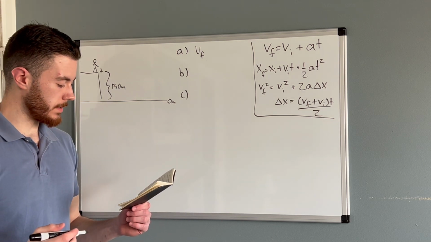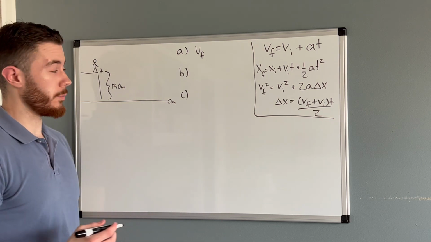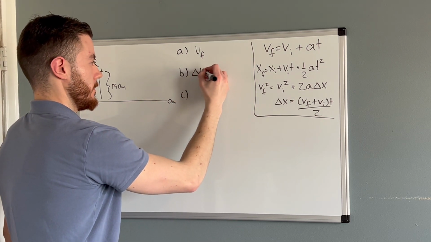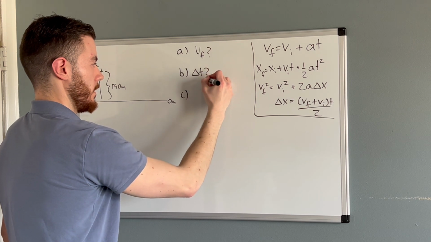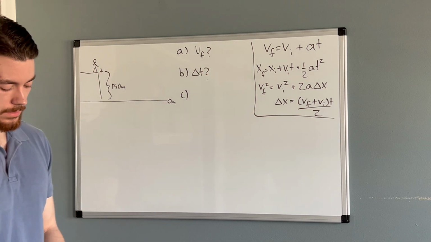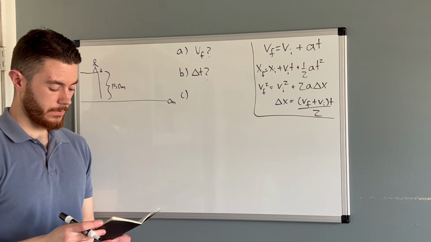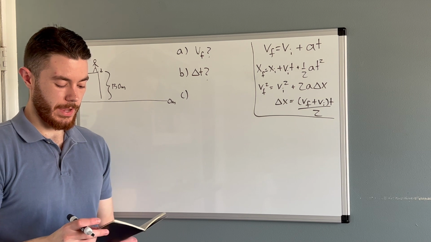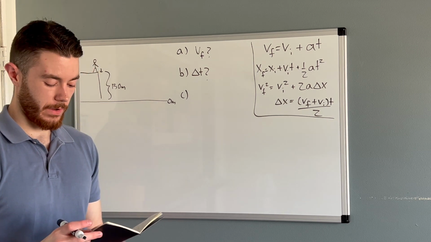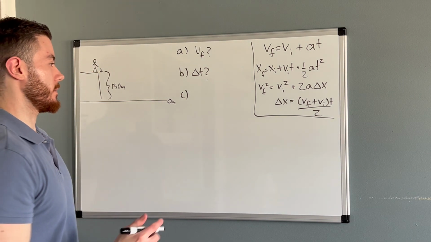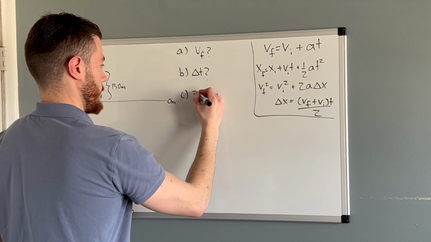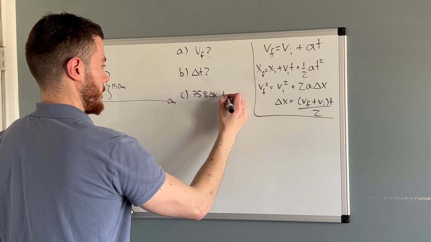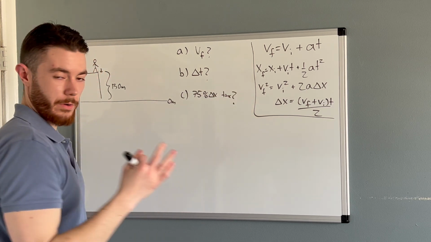Part B is how much time passes between when the hammer is dropped and when it hits the ground, delta T. And part C of this problem, what fraction of the total airborne time does the hammer spend in the top 75% of the falling distance? So 75% delta x time. Three parts to this problem.